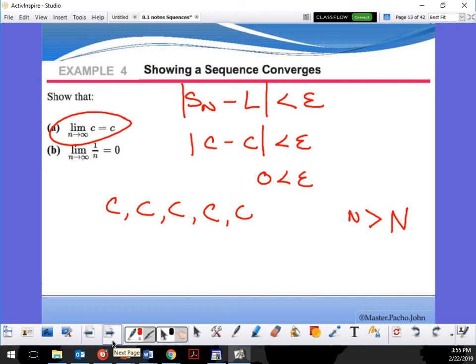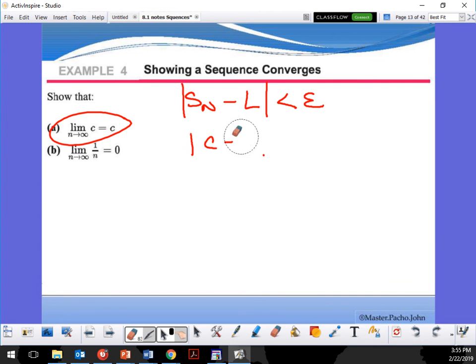Now, you ready for the next one? All right. So now this one does have an n. So let's go in. So now, what is this one going to look like? Absolute value of 1 over n minus, say it, 0, less than epsilon.